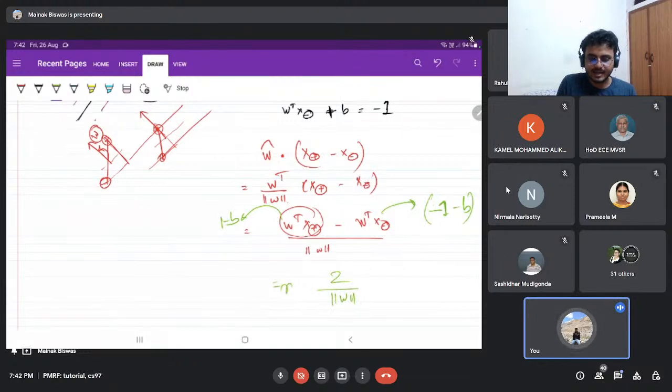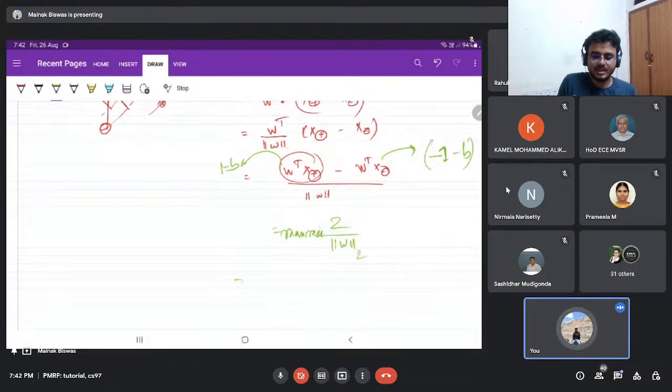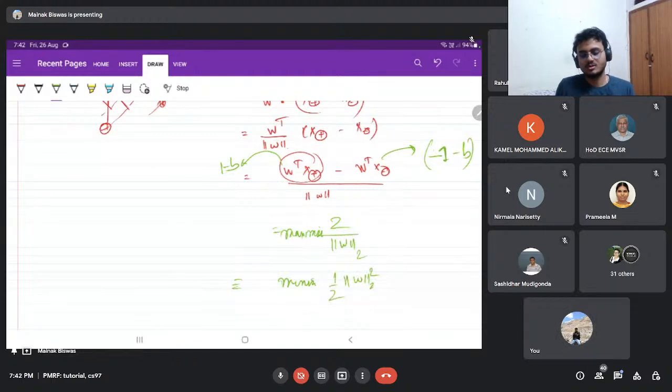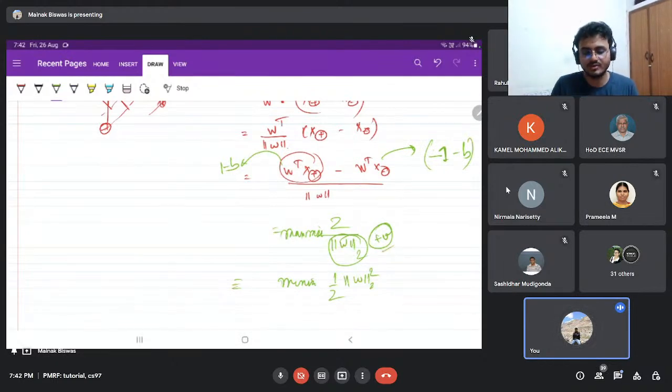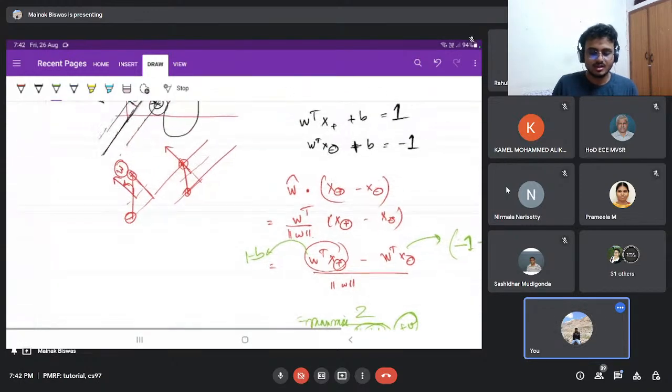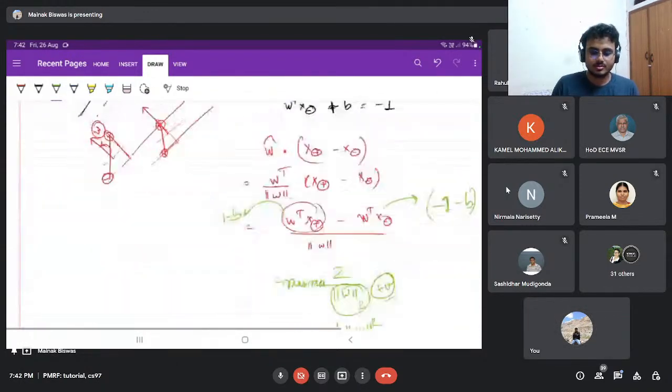You want to maximize this, so this is equivalent to minimizing norm w square. Since norm w is itself positive, its square is equivalent. It will become evident why I took the square. How did my half come in there?